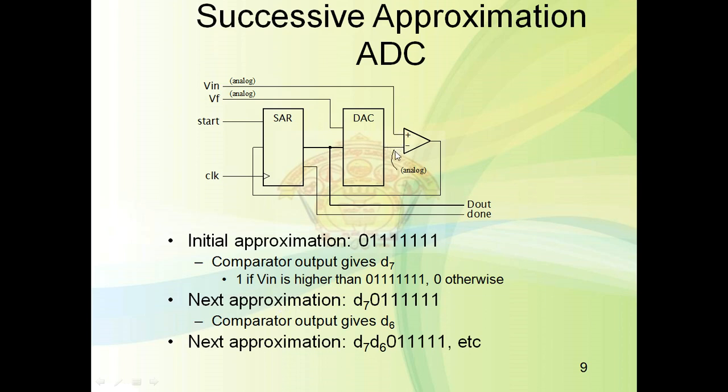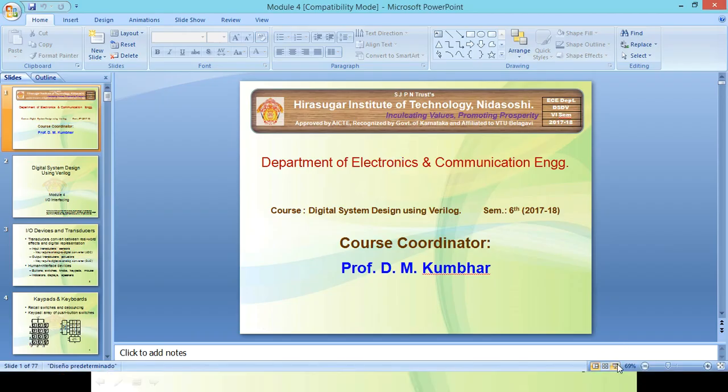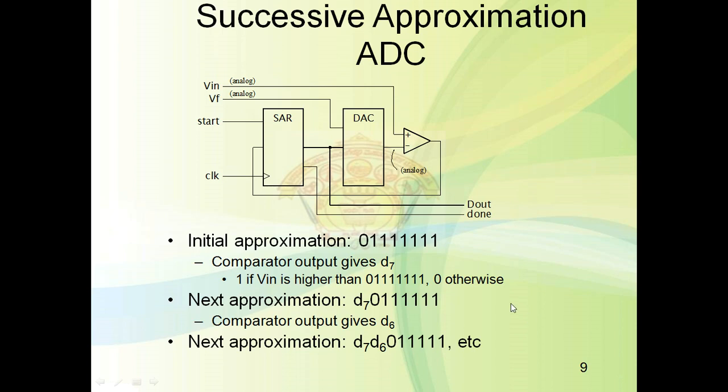Okay, so for that again the output will be added. Since the D7 bit is already fixed, it will go for the next D6 bit. It will take the decision, that is, V reference divided by 4 voltage will be added to it. Hence the output will be added or removed according to that, and the bit will be set. If the bit is set, that reference voltage will be kept as it is, and if the bit is reset, that bit will be removed, or made 0.